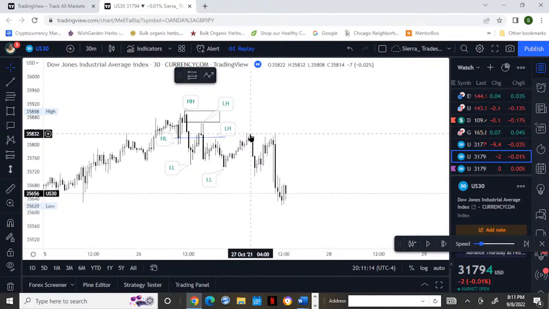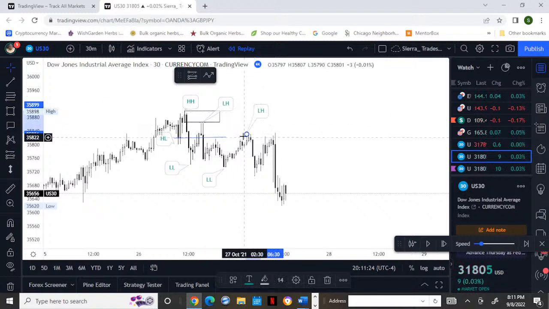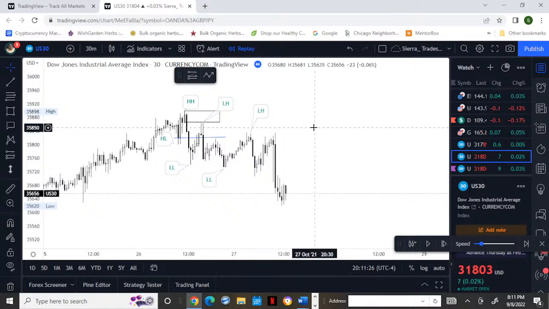And this high, we're just not even going to count that little wave right there. Lower low here.